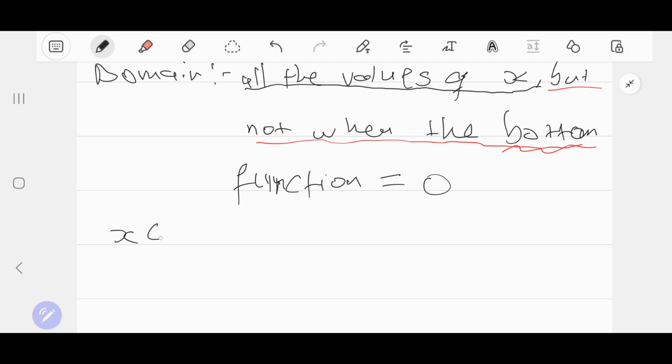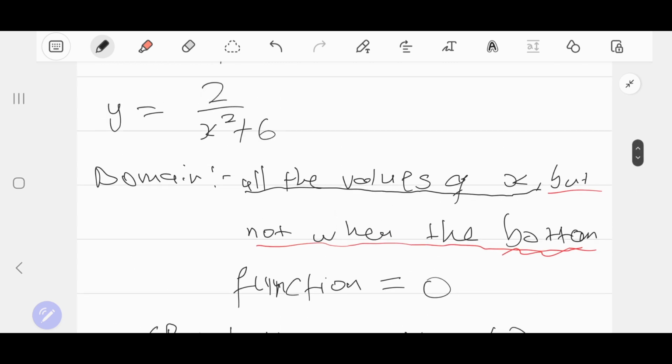X is an element of real numbers, but x, but the bottom function must not be equal to 0.